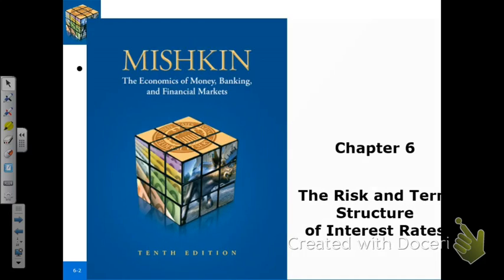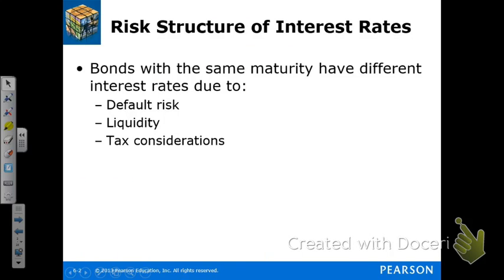What we are going to look at is that bonds with the same maturity, meaning that they are all going to mature within the same time constraint, can actually have different interest rates due to the perceived default risk of those bonds, the liquidity feature of those bonds, and tax considerations on those bonds.